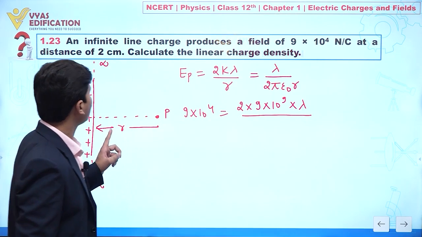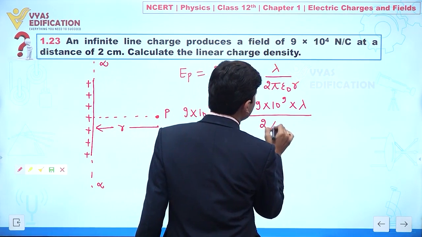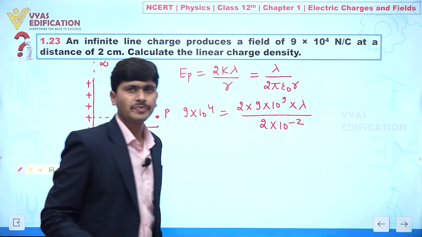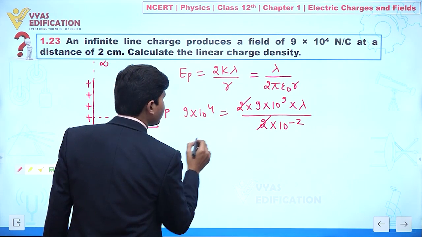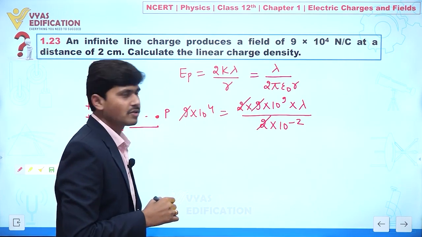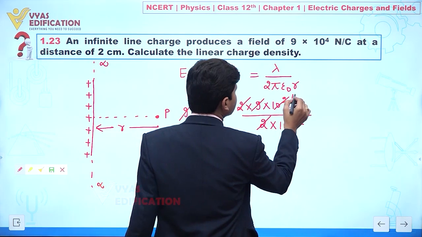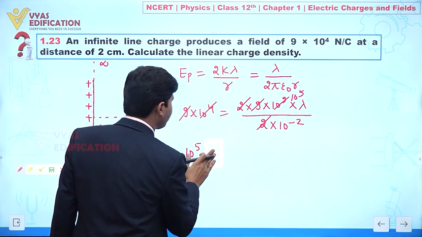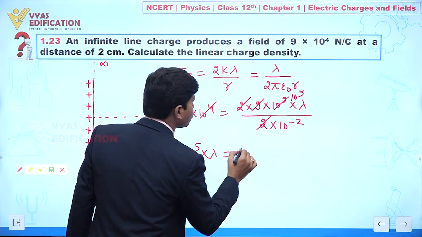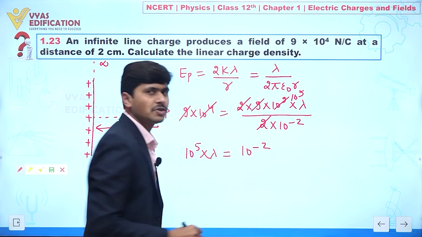The value of r is 2 centimeter, so 2 into 10 to the power minus 2. The 2 and 2 cancel out, 9 and 9 also cancel out, leaving 10 to the power 5 multiplied by lambda equal to 10 to the power minus 2.